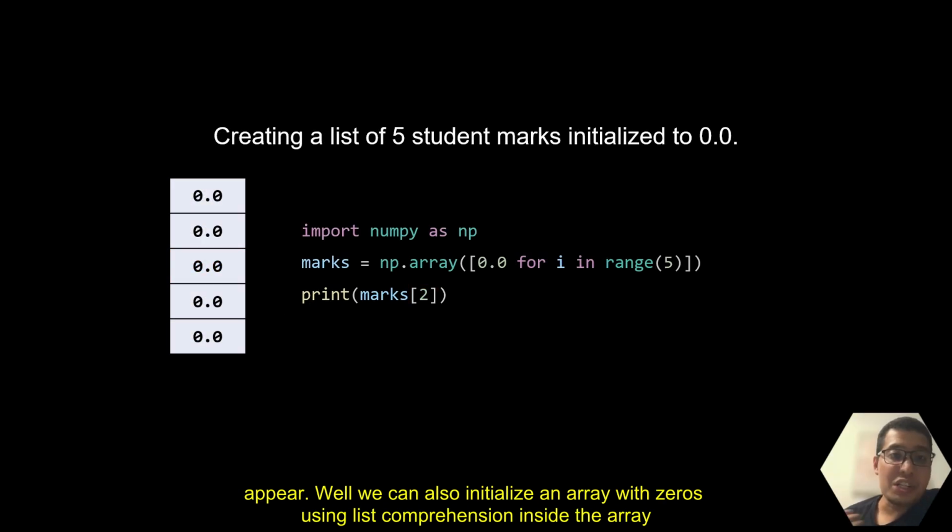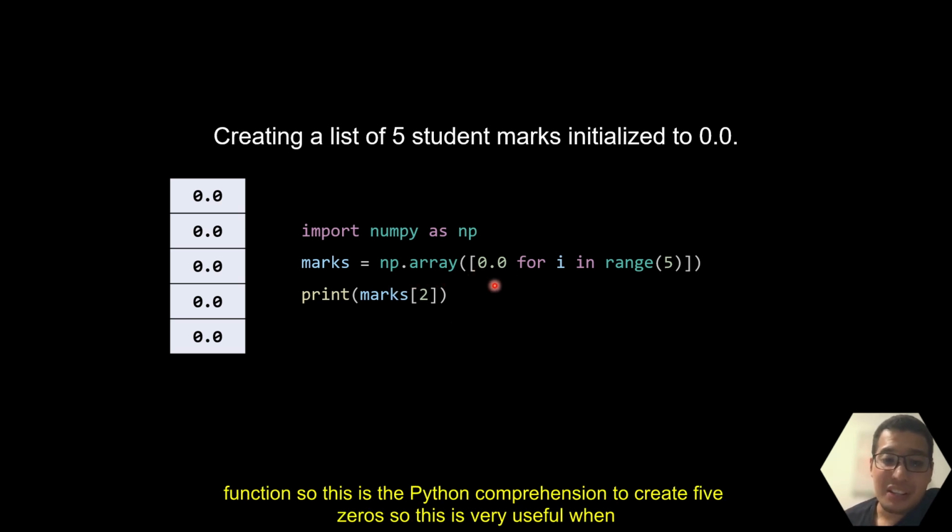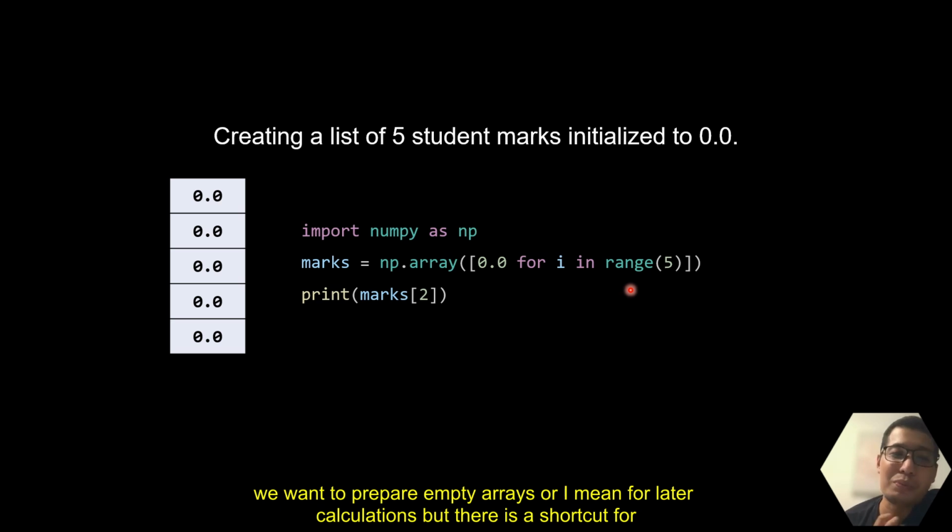We can also initialize an array with zeros using list comprehension inside the array function. This is the Python comprehension to create 5 zeros. This is very useful when we want to prepare empty arrays for later calculations. But there is a shortcut for this.